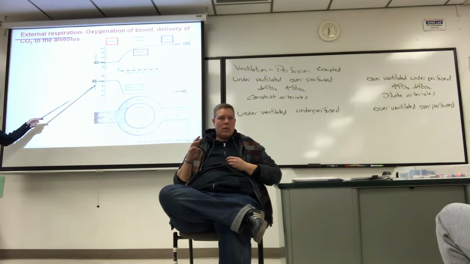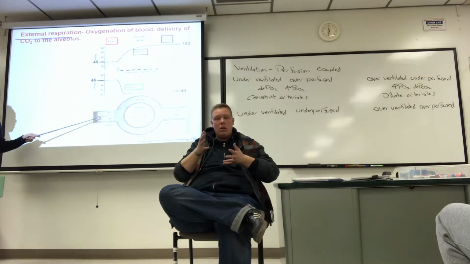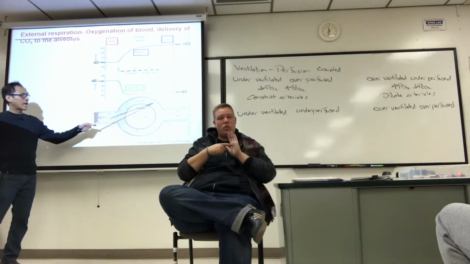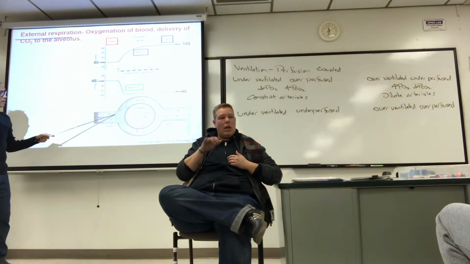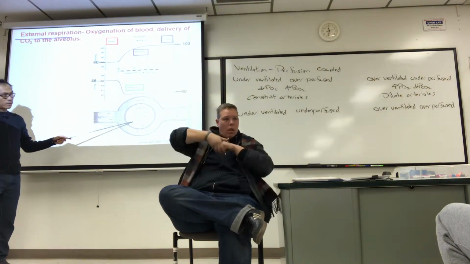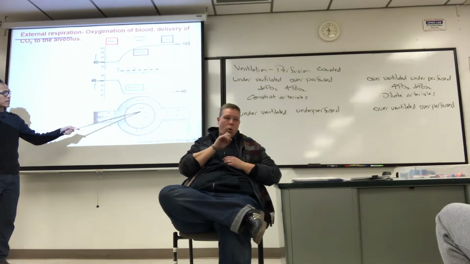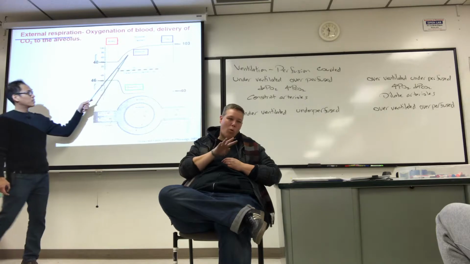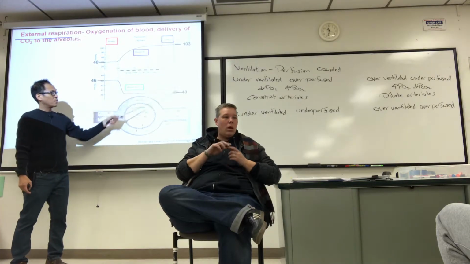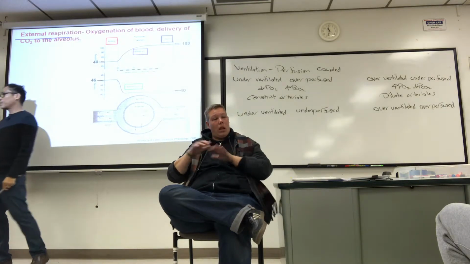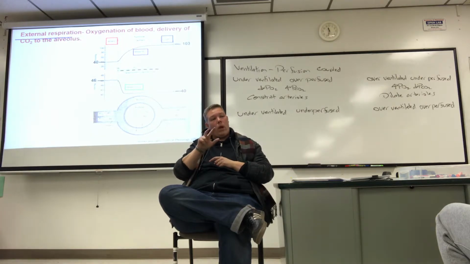Not 45, 46, okay? They changed it a little. But they show the pulmonary capillary completely enveloping the alveolar space, which is a little more accurate. There they have 103 and 40 on the inside of the alveolar space. You make your exchanges, blood leaves at 103 and 40. So the exchanges happen quickly, it equilibrates within a quarter second.